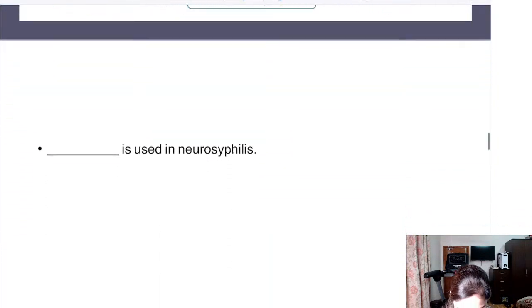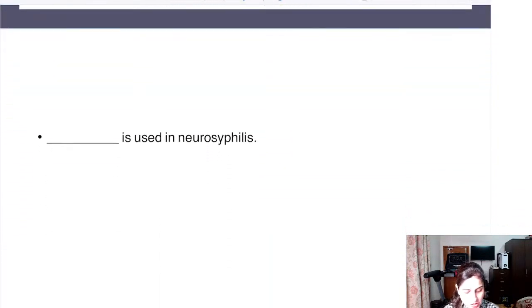ठीक है, all right, dash is used in neurosyphilis. Which drug is used in neurosyphilis? न्यूरोसिफिलिस में कौन सी ड्रग?